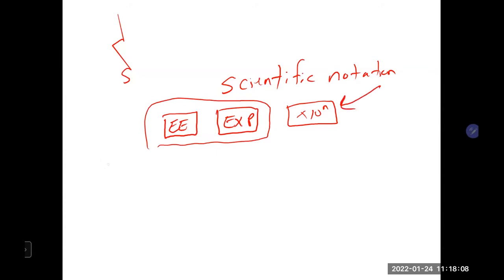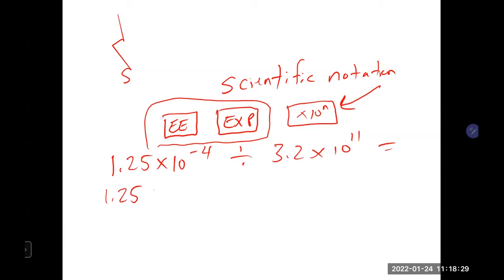For example, if I wanted to take 1.25 times 10 to the minus 4, and divide it by 3.2 times 10 to the 11, the way I would punch this into my calculator is as follows. I would do 1.25, then I would hit my exponent button, so either your EE button or EXP button.